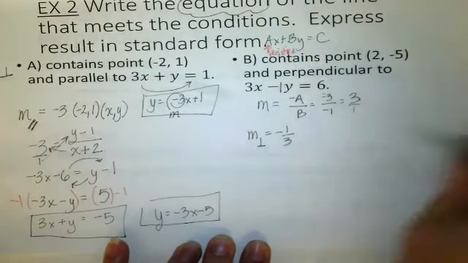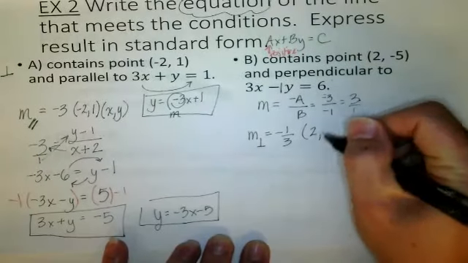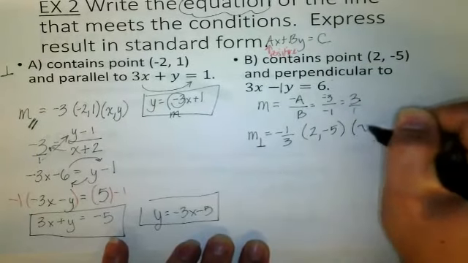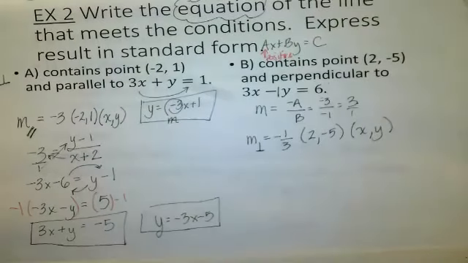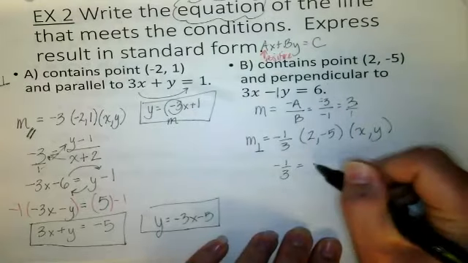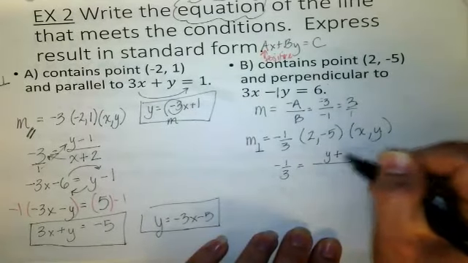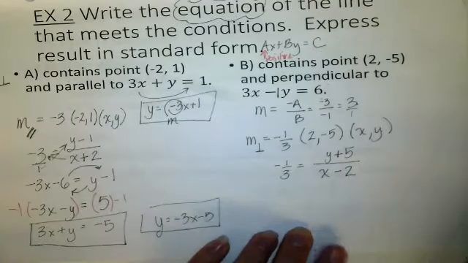Negative 1/3, opposite reciprocal. It's going to pass through the point 2, negative 5, and I want a generic equation that gives me any ordered pair x, y. Okay, so again, my slope is going to equal y2 minus y1 over x2 minus x1.